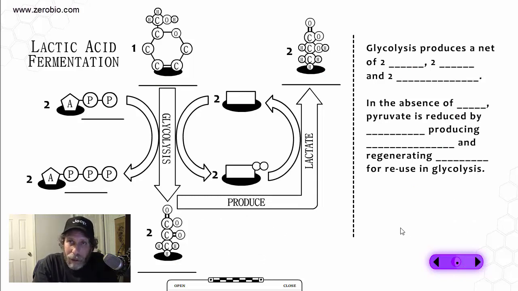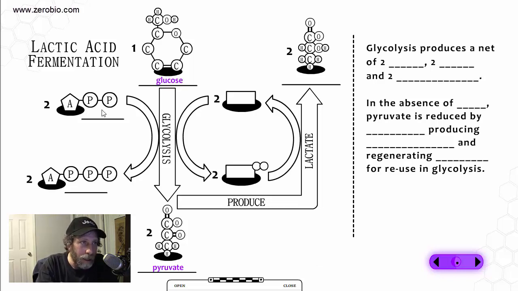Lactic acid fermentation or lactate fermentation. This is the one that happens in us. Once again, we're going to start with glucose. All right, so write glucose on this new worksheet. Same structure. Glucose will again go through glycolysis and produce our 2 pyruvate molecules, 2 3-carbon pyruvates.